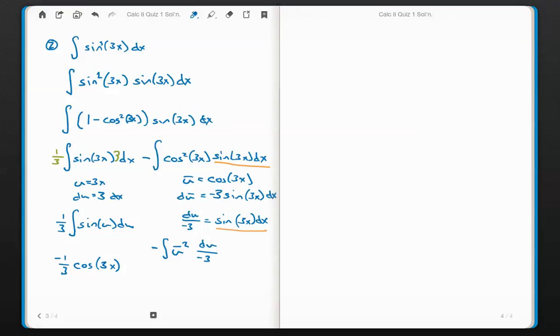Now I've got negative signs all over the place, so I'm just going to pull that negative sign out, pull the 1/3 out while I'm at it, so that becomes a positive 1/3 integral of u bar squared du bar.